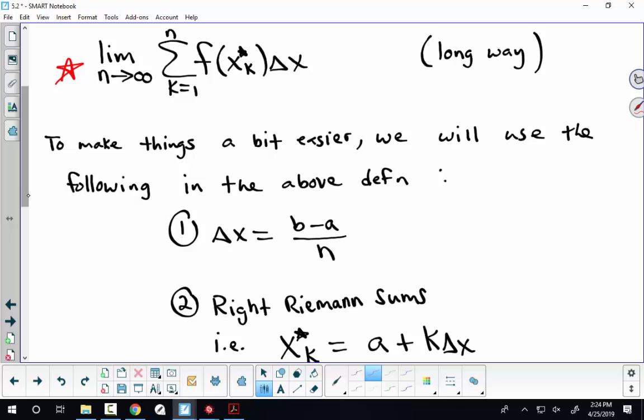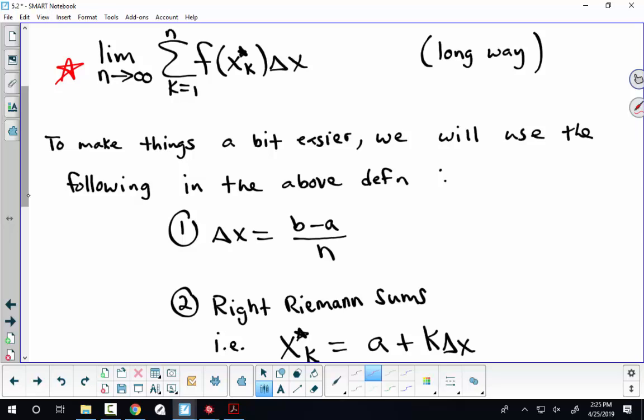Remember from 5.1 that delta x is just the length of the entire interval divided by how many rectangles we're putting in there, so it's b minus a over n. We're using the right Riemann sum defined in 5.1 as a plus k delta x for our x star, because that one didn't involve the minus 1 or the minus 1/2 like the left and the midpoint did. So it is the simpler of the 3 Riemann sums as far as the formula goes.